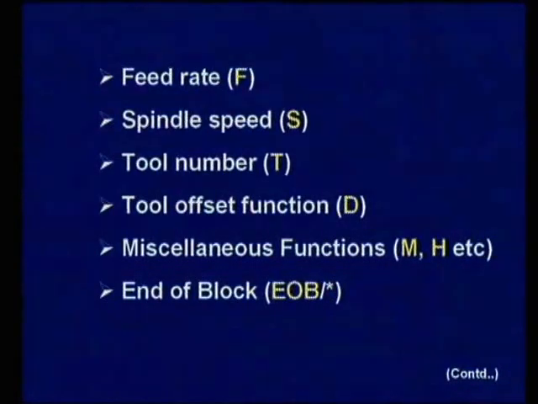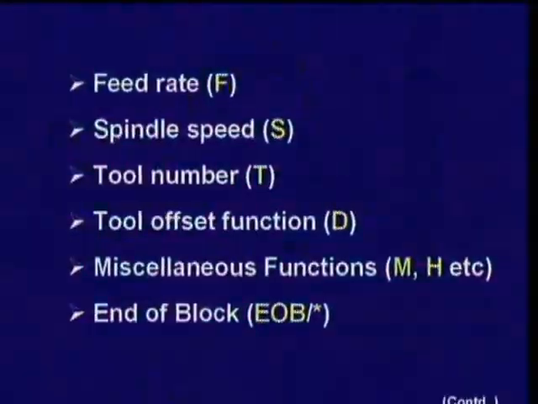So the speed may be the spindle RPM or the constant cutting speed with which it has to cut. Next is the T word, that is nothing but a tool number. Whenever you are using a turret along with the CNC, a turret may have a number of tools, and different operations may be performed with different tools. Which operation is to be performed with which tool will be denoted by a tool number.